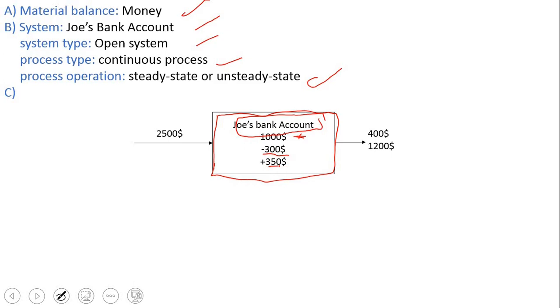And we see the arrow directed in. The arrow that is directed in is how much money he gets from his income, and this is how much money he is consuming due to his bills and monthly allowance.